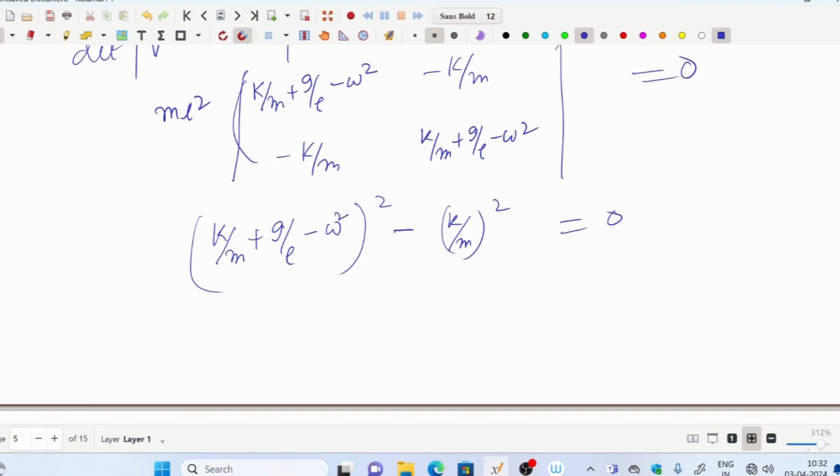Now, if you solve for omega, you will find that omega square will be g by l in one case, and in the other case omega square will be g by l plus 2k by m.